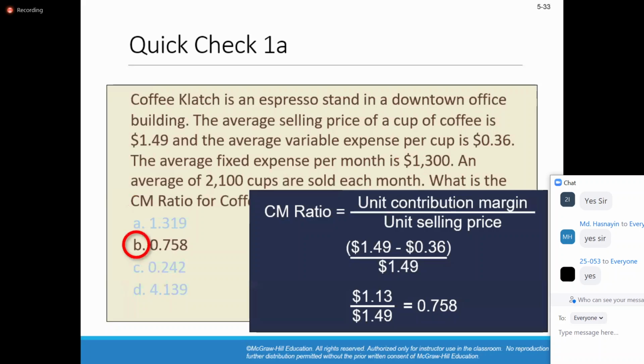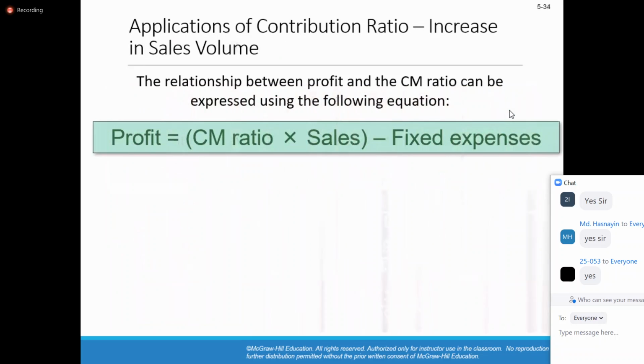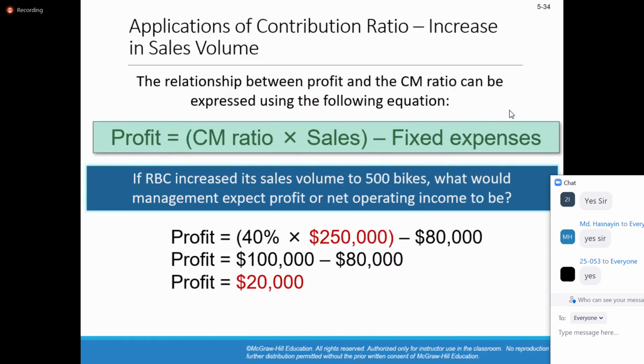If you have to express the number on your script by doing some calculation, you need to express the number in this way. We know how we can get the unit contribution margin. Now, we would like to see more applications of the contribution margin ratio by taking another case, where there has been an increase in sales volume.